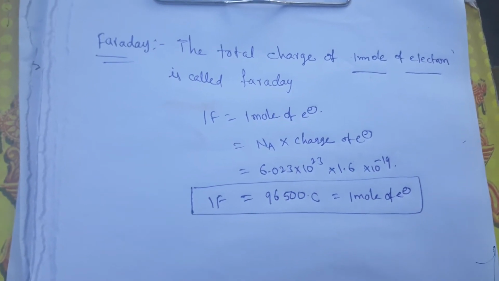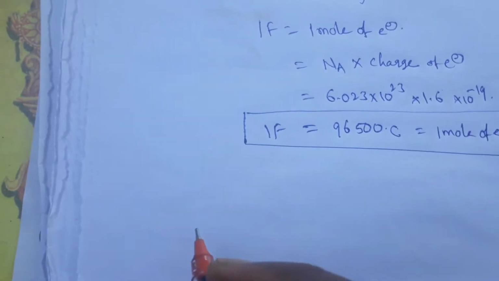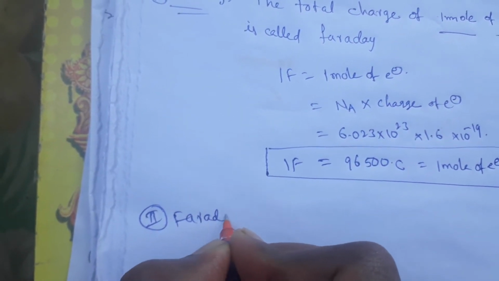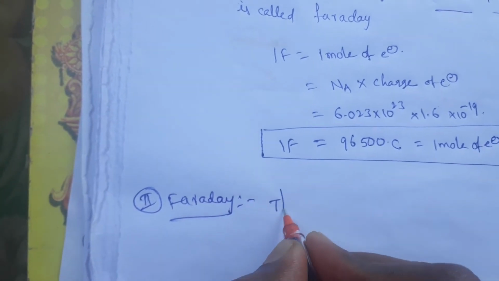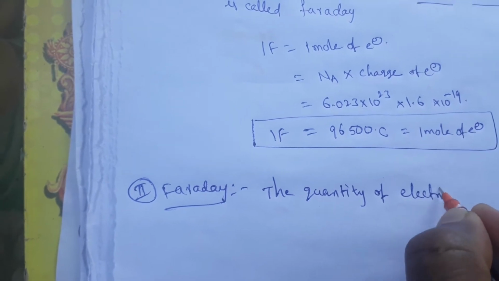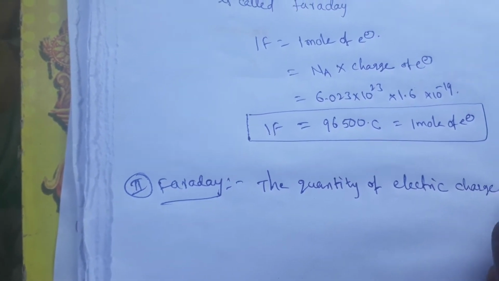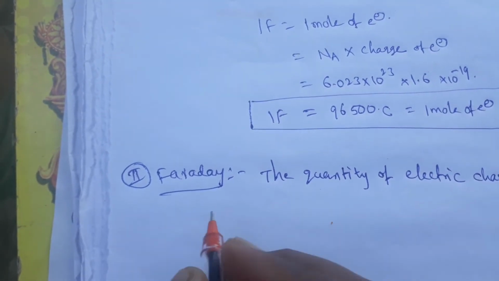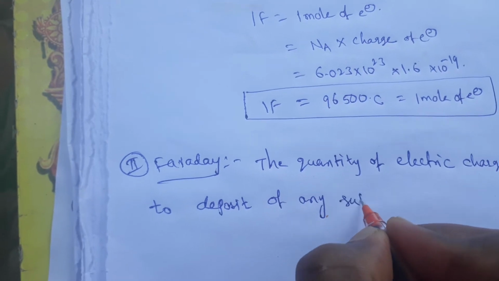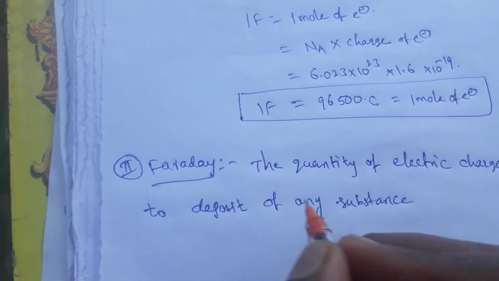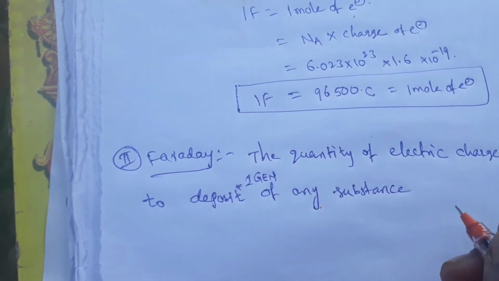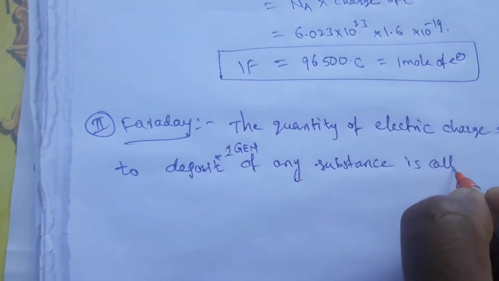So if you see another definition of the Faraday, this is maybe the first definition, and the second definition of the Faraday: the quantity of electric charge required to deposit 1 gram equivalent number of any substance is called Faraday.